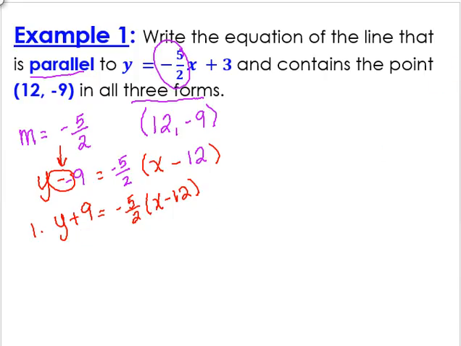If I want to put it in slope intercept form, all you have to do is get y by itself. So you're going to start in point slope form, and we're going to distribute first, because whenever you're solving an equation, you should always simplify both sides. When I distribute, I get -5/2 x, and when I distribute here, I get a positive 30.